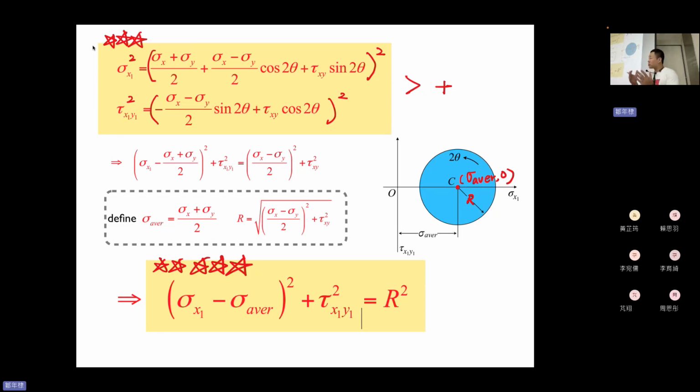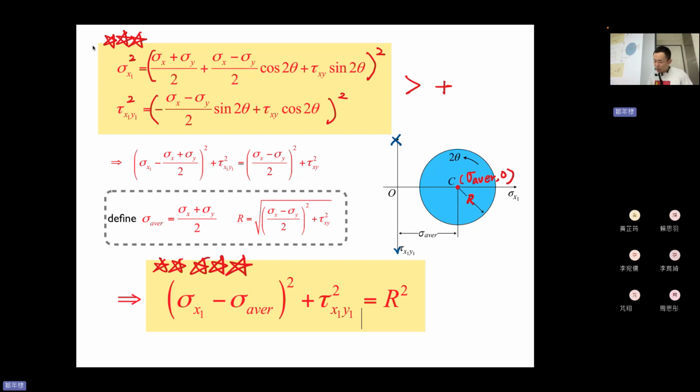I hope it won't confuse you. Sorry, I need to correct a little bit. This should be downward. Sorry, the figure is wrong. So I will give you the concept that tau x1 y1 is downward. I will explain it later.